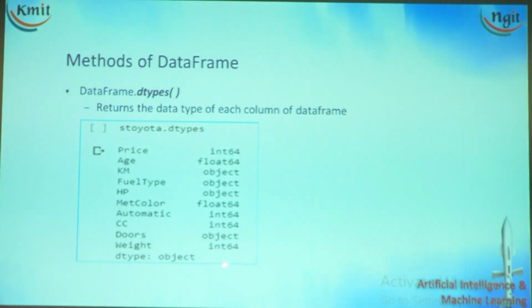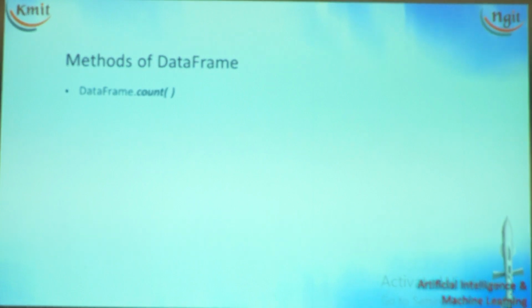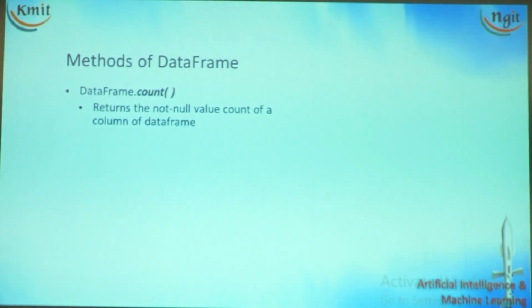And then weight, int. Overall data type, what is it showing? Object. Why? Mix. Okay, right. As I told you, I will deal with all this in EDA. That will be a separate story. Right now, my aim is, like I told you, to cover the methods in Pandas and where they will be useful, elaborating on those methods.